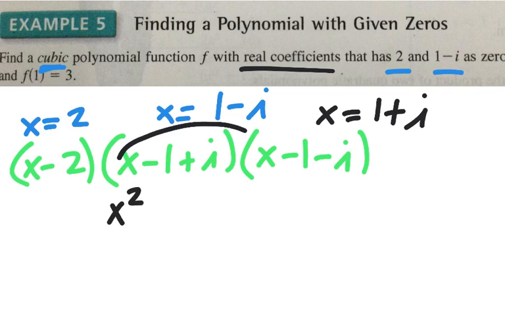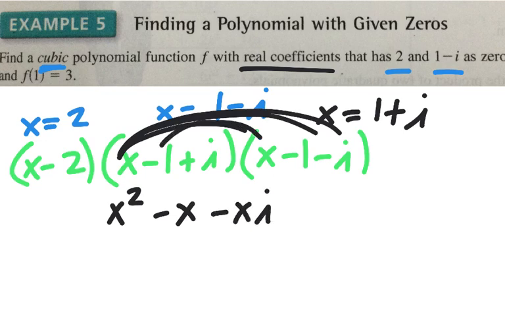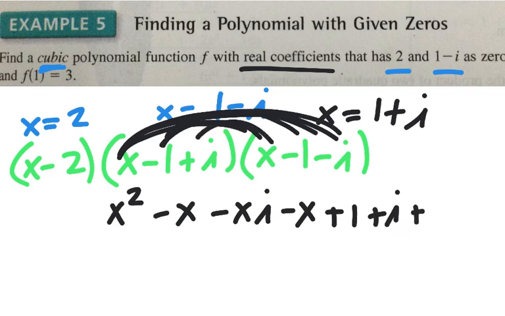That's going to be x squared minus x minus xi minus x plus 1 plus i plus xi minus i minus i squared. So because it's a 3 by 3, I should have 9 terms. 1, 2, 3, 4, 5, 6, 7, 8, 9. Okay, good. I've got them all.